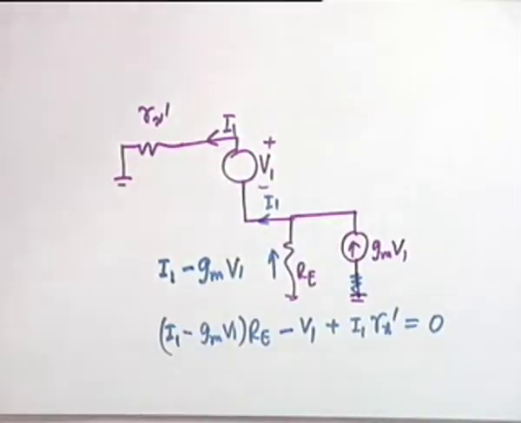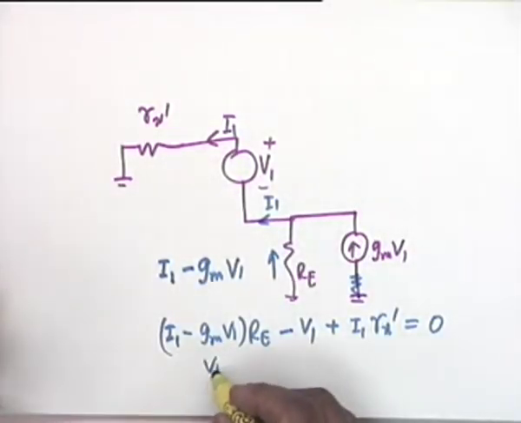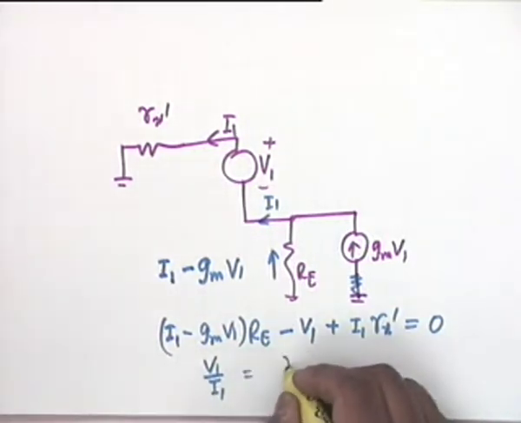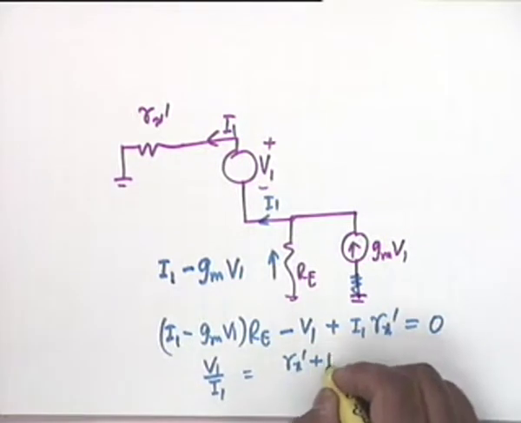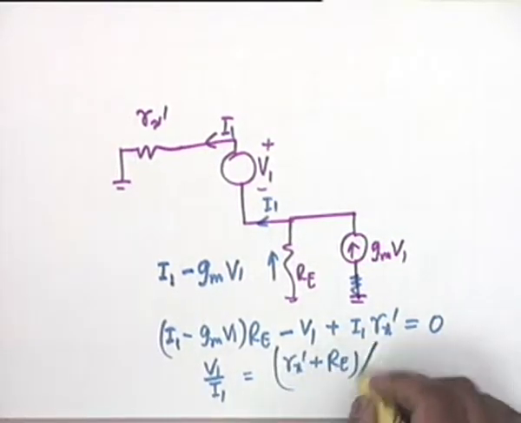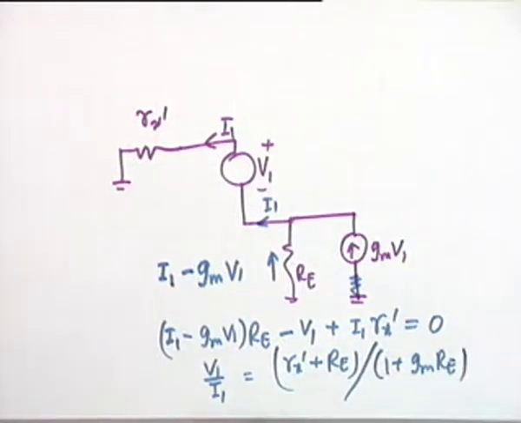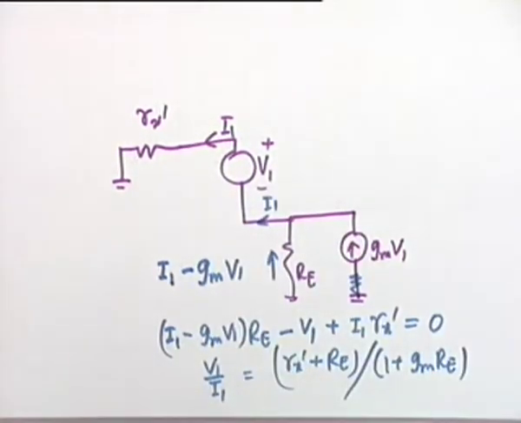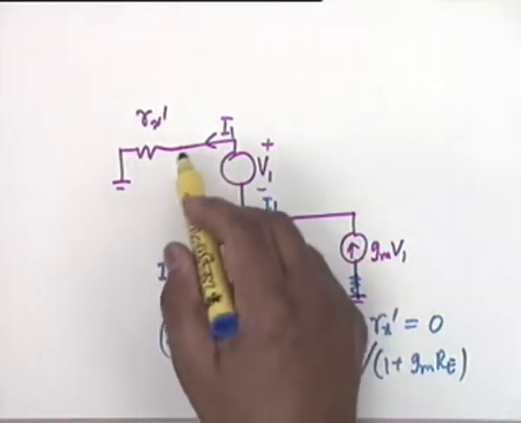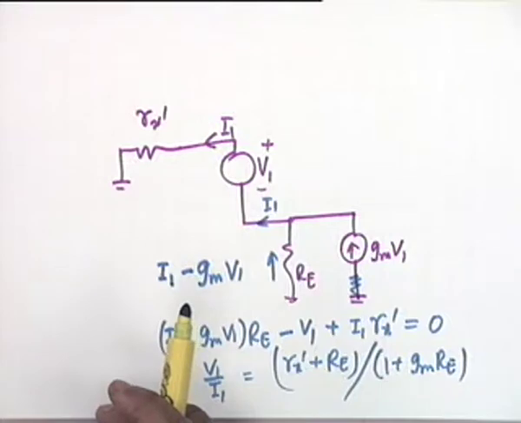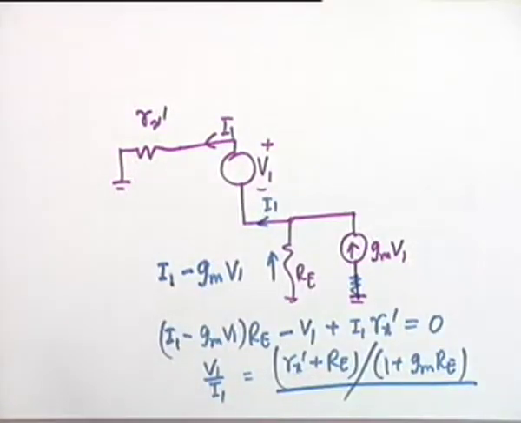Okay. And from this obviously you can find out V1 by I1, and this comes out as Rx prime plus Re whole divided by 1 plus Gm Re. You have done such exercises in the past, that if there are two resistances in series and one is shunted by a current source, dependent current source, then this is the kind of expression that you get.